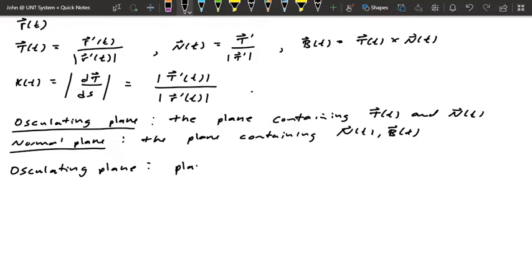So that's a very useful description of the osculating and normal planes.